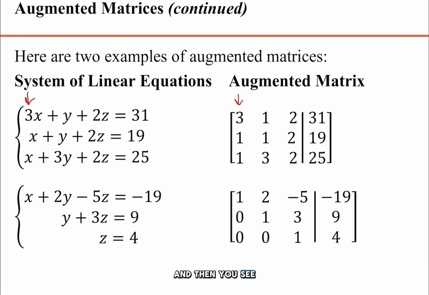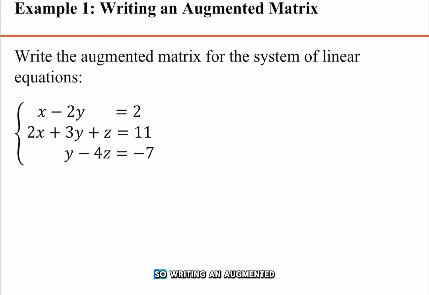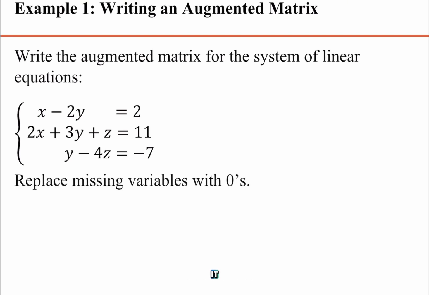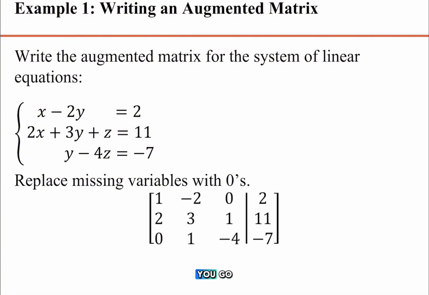And then you see here's the equal sign, and then there's that bar. So writing an augmented matrix, just imagine what you would put inside of it. Replace any missing variables with zeros, and there you go. And remember, you can always pause the video if you need to.